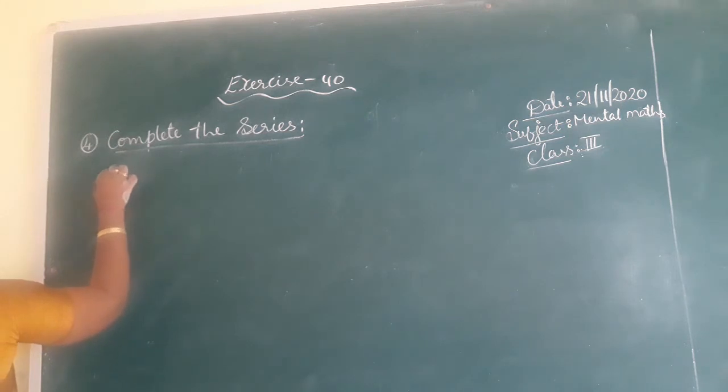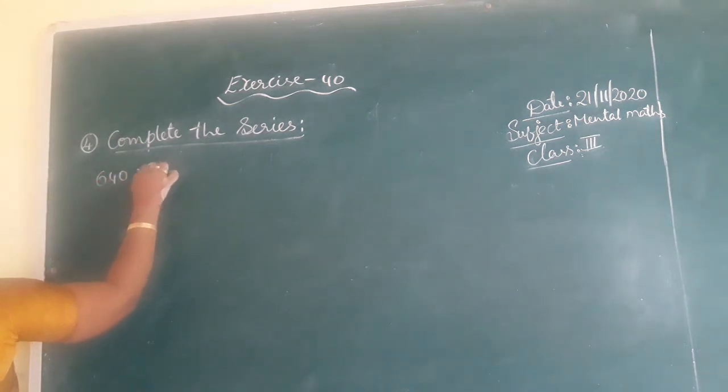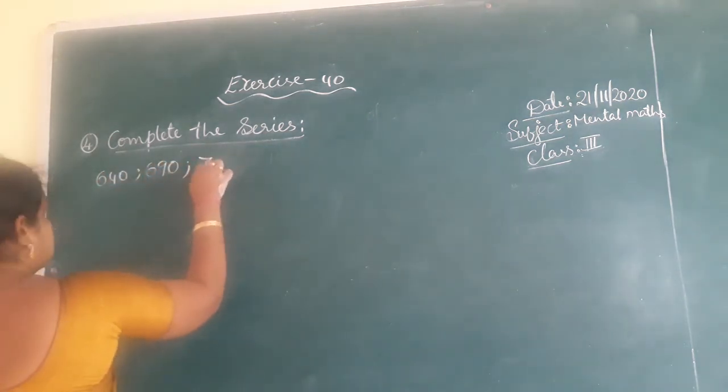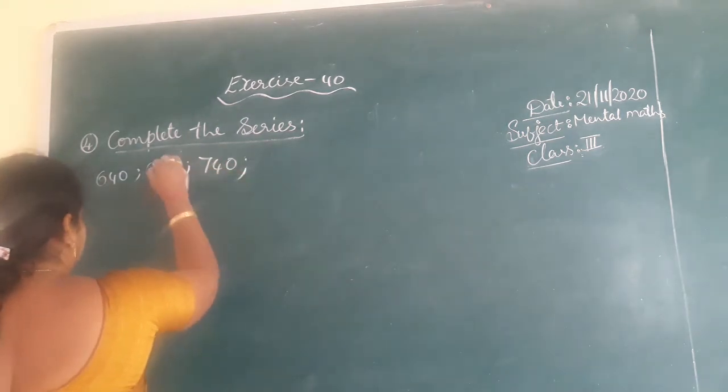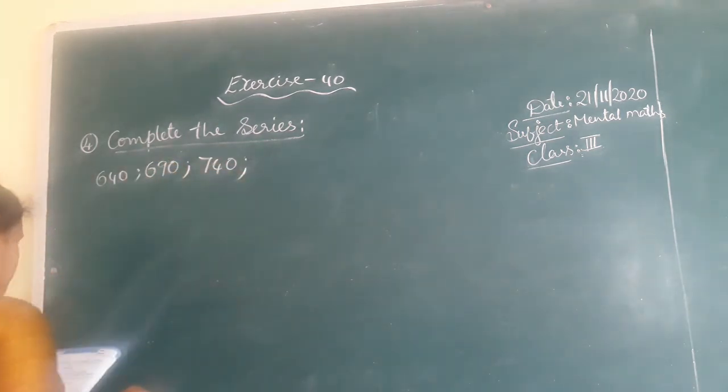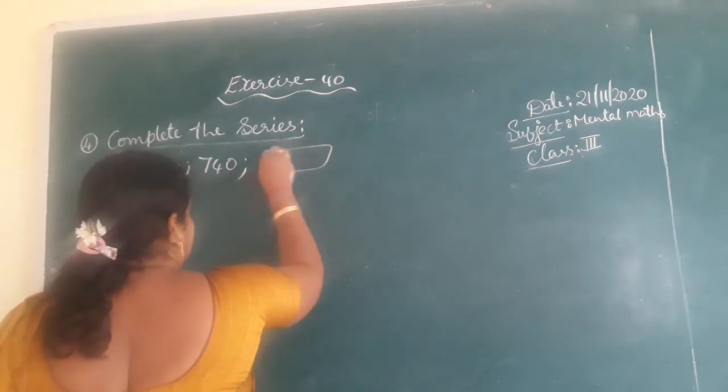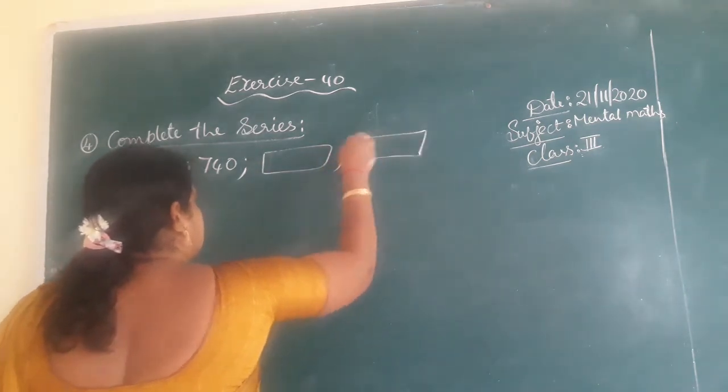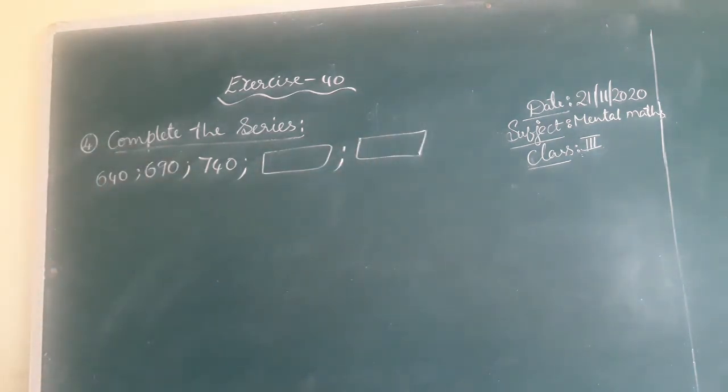First one 640, 690, 740. Next two numbers in this series. Complete the series. How they completed this series and what the difference between the numbers given, you have to find. What are the numbers they have given?